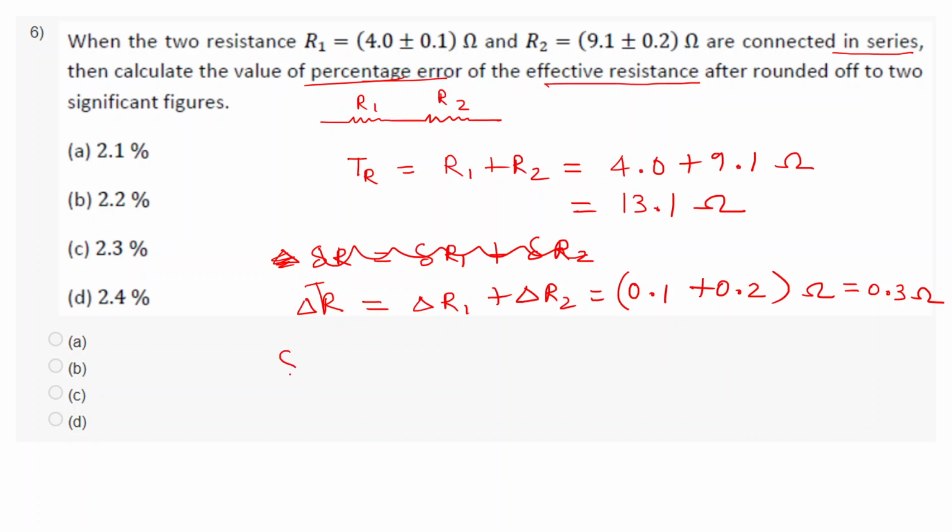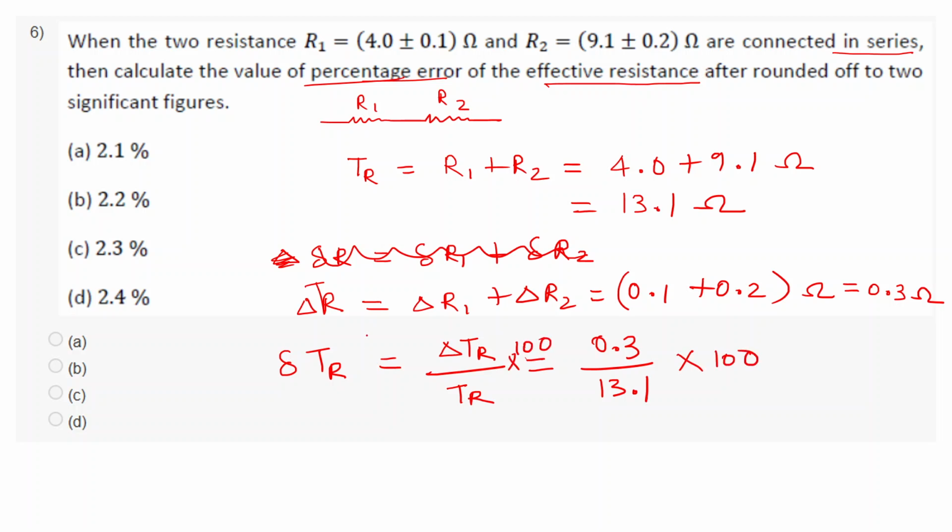Now for the percentage error in this total resistance, the percentage error will be the absolute error that we got divided by the total resistance. So we got 0.3 and this was 13.1, multiplied with 100. Oh sorry, I forget it every time. If we have to find out percentage, we have to multiply it by 100.